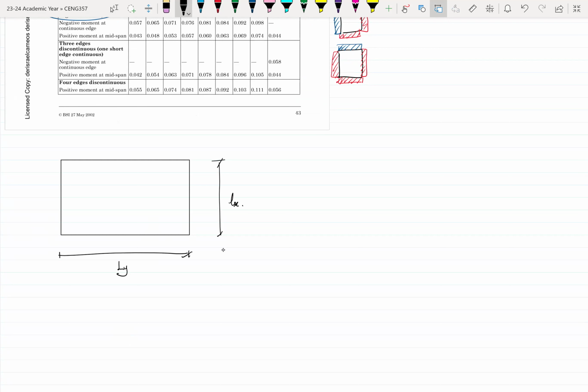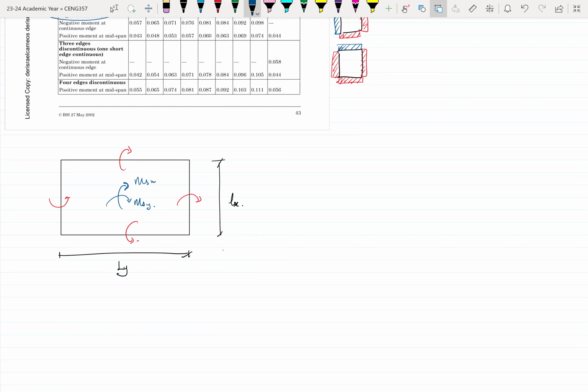Usually when you have a continuous slab, it simply means that you have some moments at the supports. So there will be some moments acting at the supports, in addition to the moment at the midspan. That's supposed to be your MSX and your MSY.